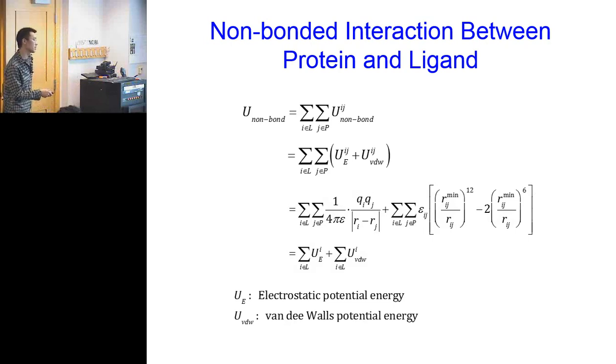If you plug in the formula at the beginning, you will find it's like this. It's a sum over the energy of the ith atom in the ligand, plus the sum over the van der Waals energy field for the atom in the ligand.